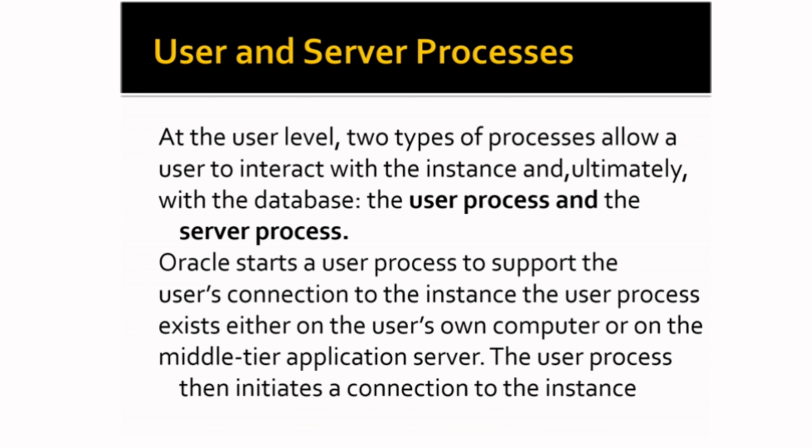Oracle starts a user process to support the user's connection to the instance. The user process exists either on the user's own computer or on the middle-tier application server. The user process then initiates a connection to the instance.